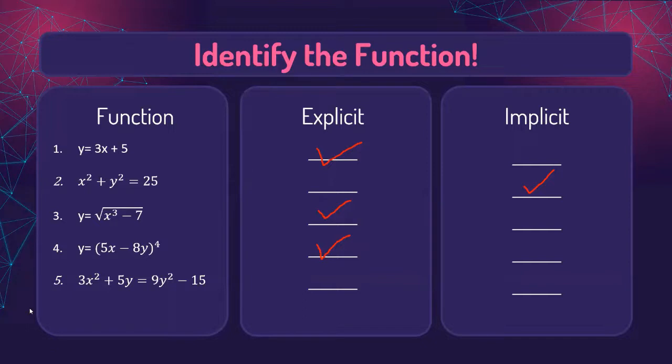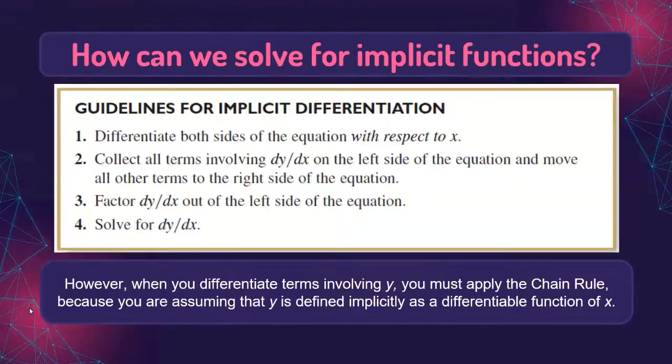And for our last number, 3x squared + 5y = 9 squared - 15 is an example of an implicit function.